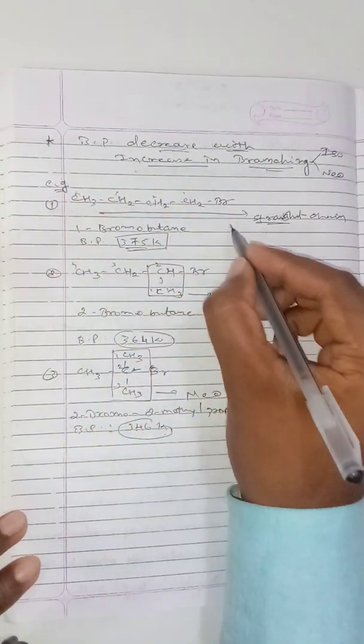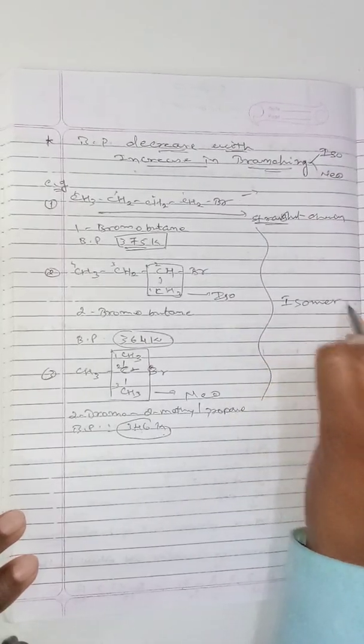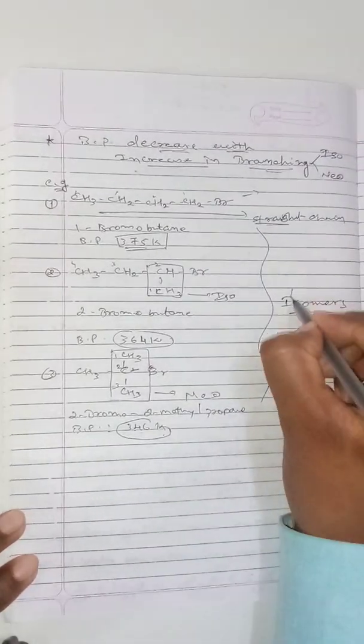And you can see here, these are all isomers, position isomers.